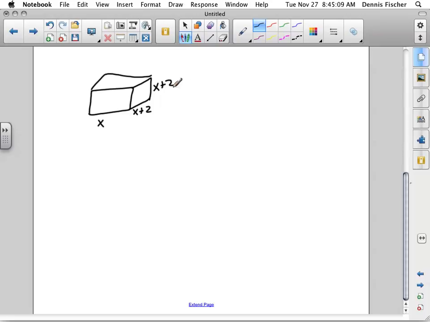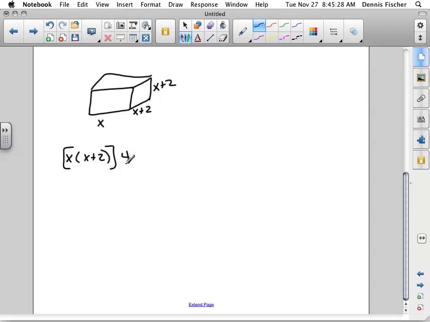So if I was doing the surface area of this figure, what I would have is x times x plus 2, right? And then I'm going to take that answer times 4, because I've got the front, top, back, and bottom.